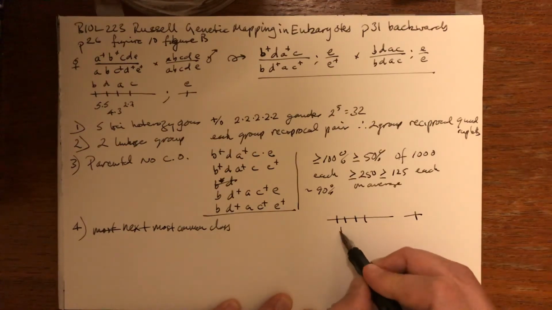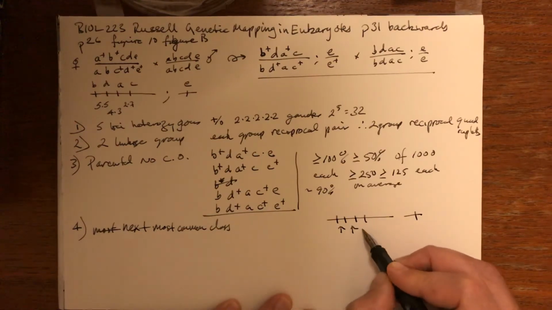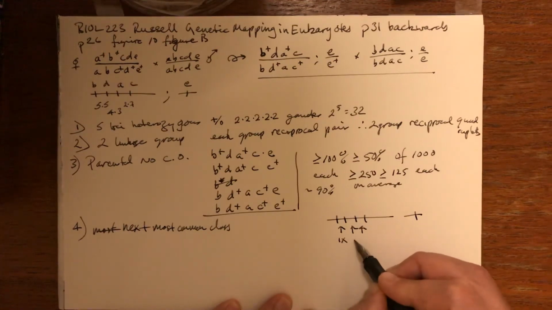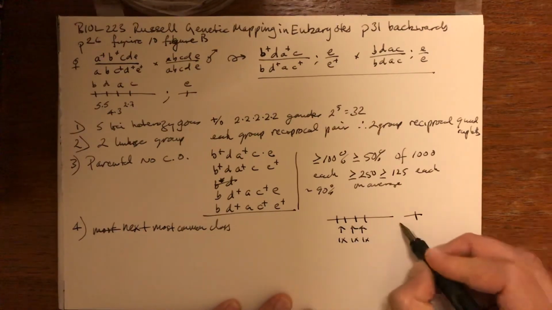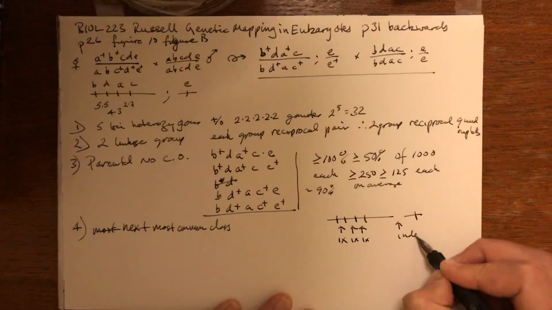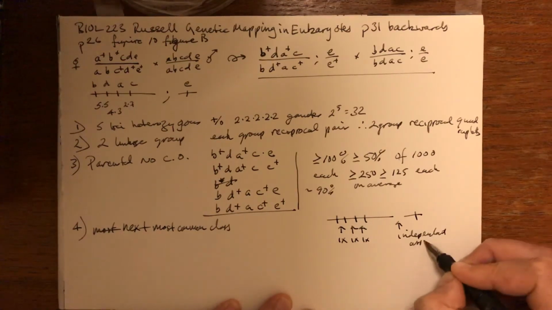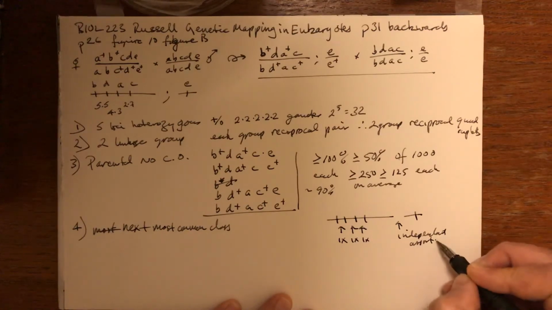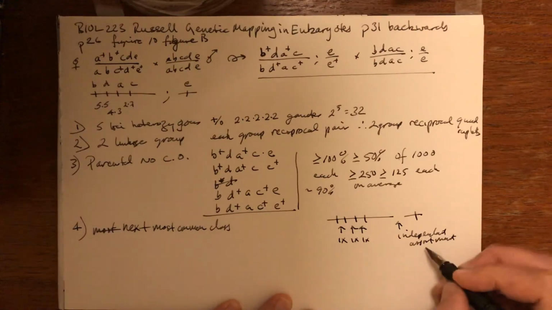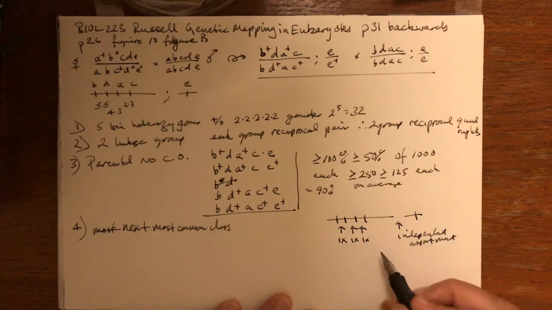So we can have single crossing over here, single crossing over here, single crossing over here, right? Each, and this is independent assortment, and that's already taken care of in our calculations by the reciprocal quadruplets.